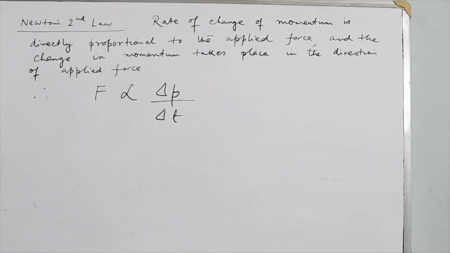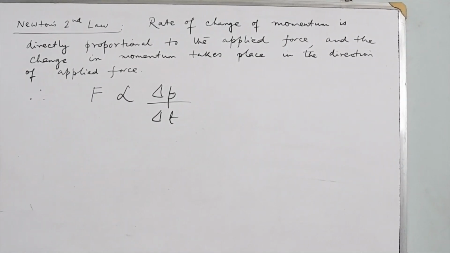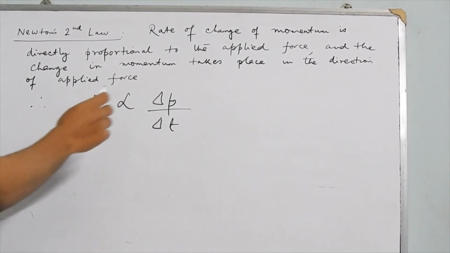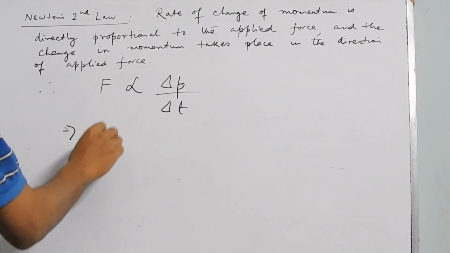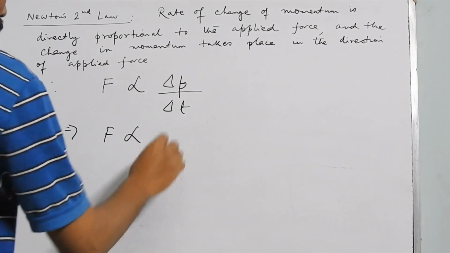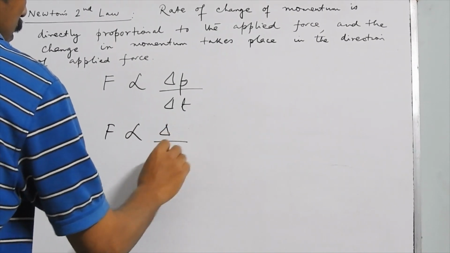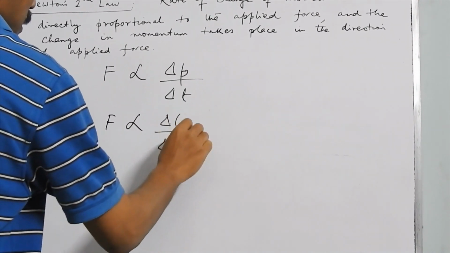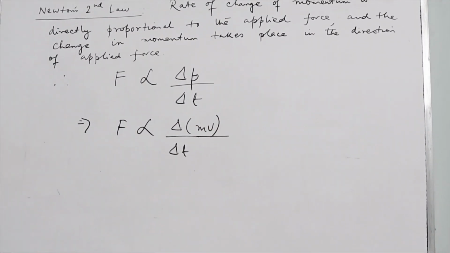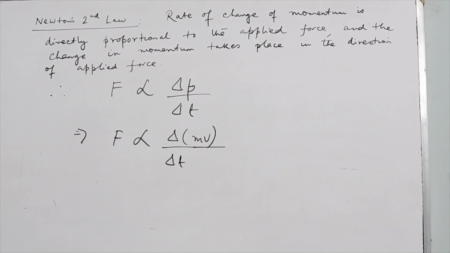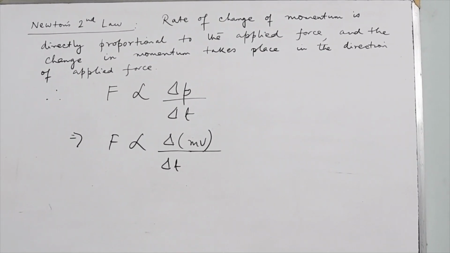Change is denoted by the symbol delta. Now there is a proportionality symbol here. Also we can say that F is directly proportional to the change in the product of mass and velocity, because momentum is the product of mass and velocity.